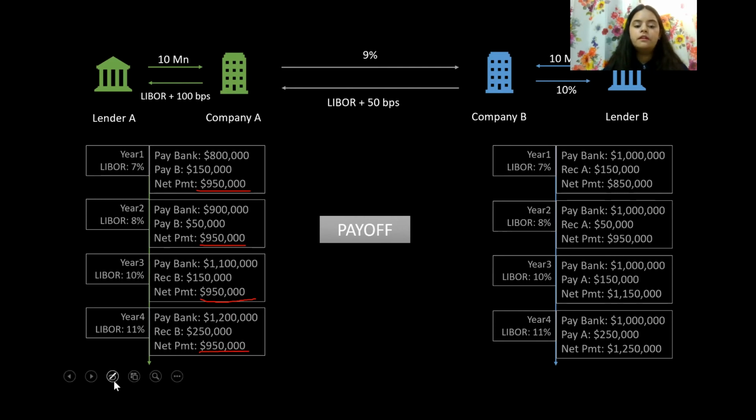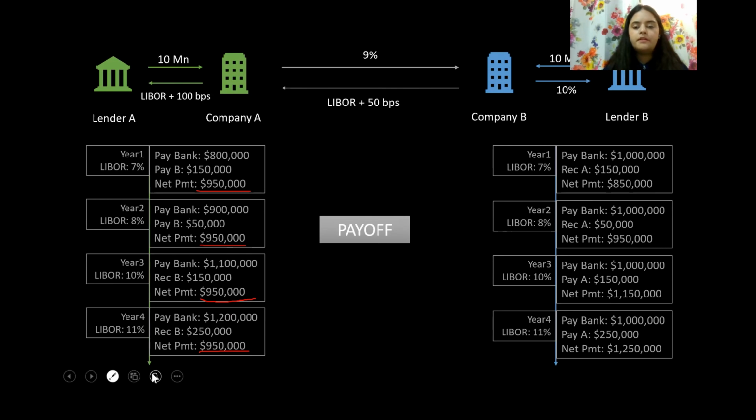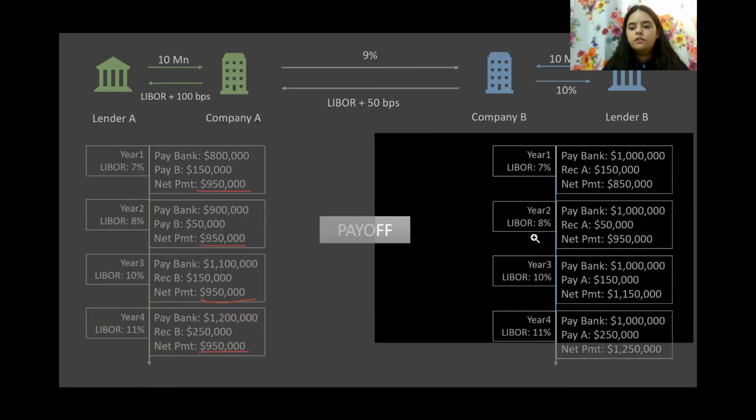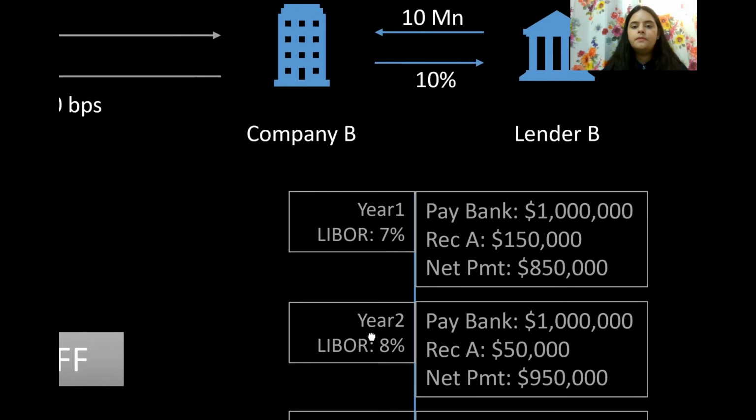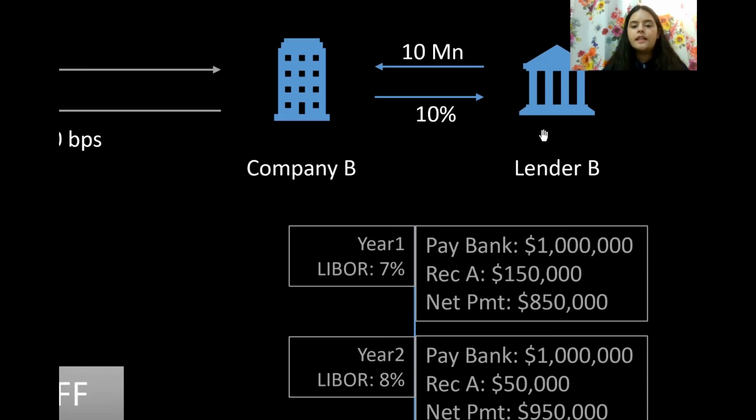We have a look at company B also. Here it is, company B. Lender B pays company B an amount of $10 million, and company B pays lender B an interest of 10% in exchange.